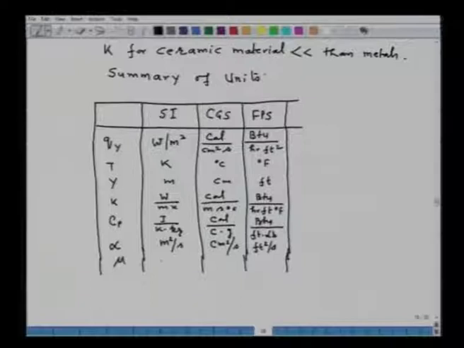Then mu, which is viscosity, Pascal into second, here gram per centimeter second, here pound mass per feet into hour. I thought these units are sometimes very important in order to understand heat transfer from various books, because various books express in BTU or FPS system, some in CGS and some in SI units.